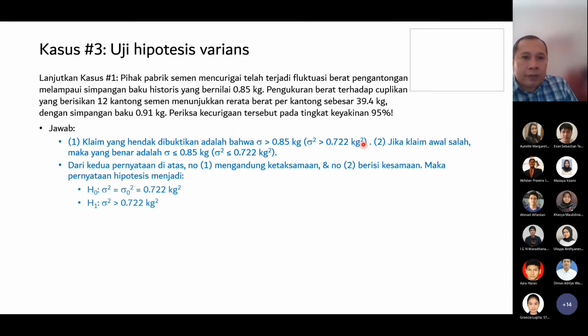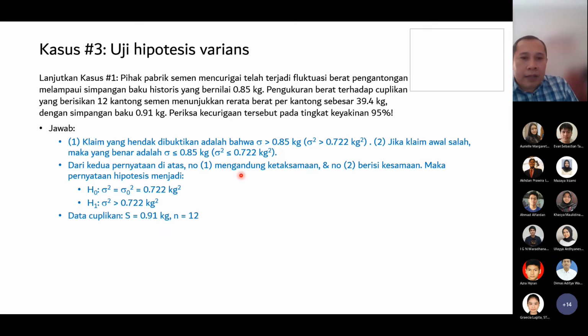So we have the complete hypothesis statement to be like this. H null: the variance is equal to the reference or historical variance, which is 0.722, and the alternative hypothesis is that the population variance has exceeded 0.722. Okay. All right.